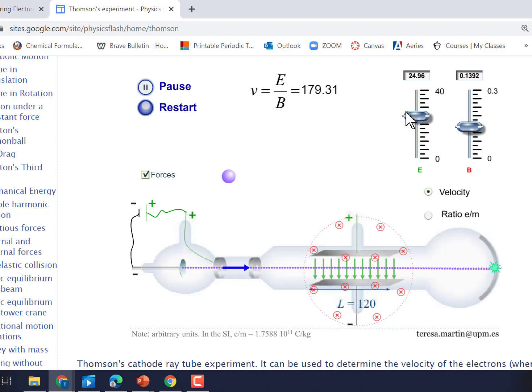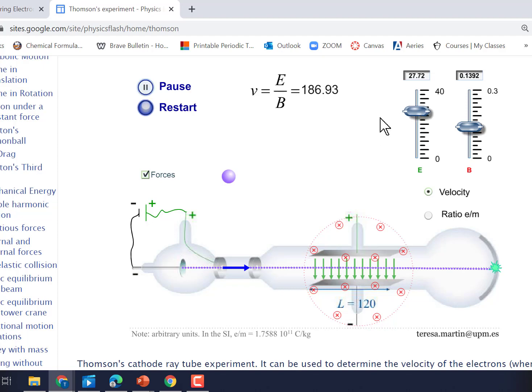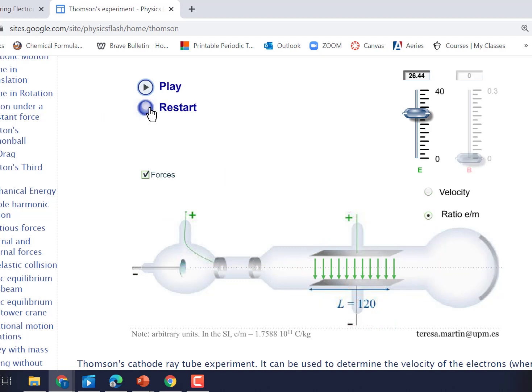It went down a little bit. Still a little bit down. Oops, too much. So you get that. And what you can tell from that is the ratio of E to M.